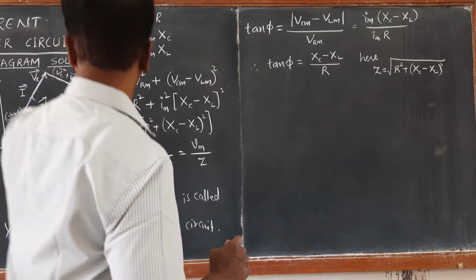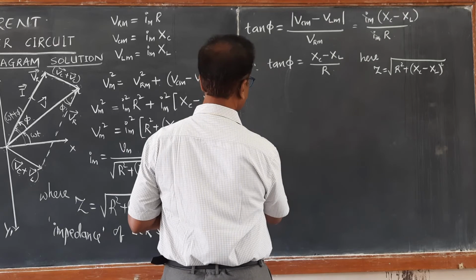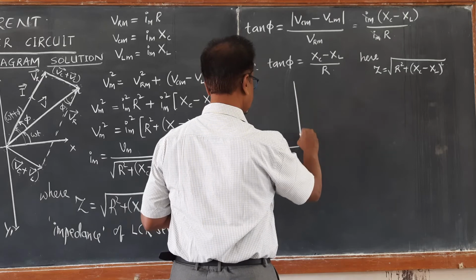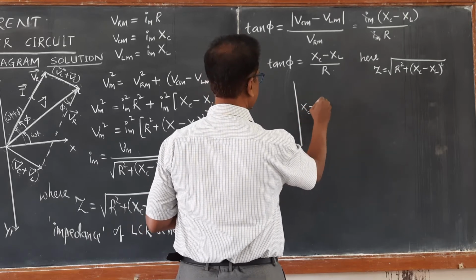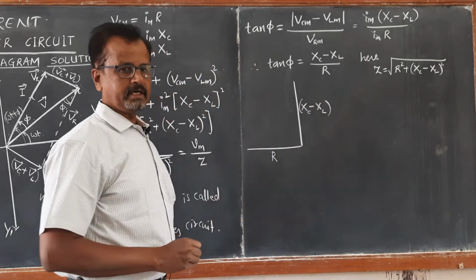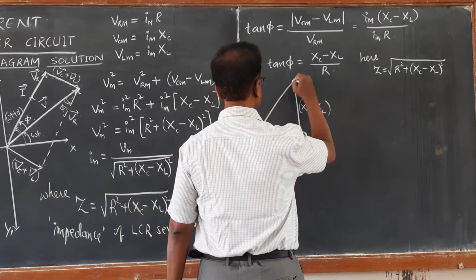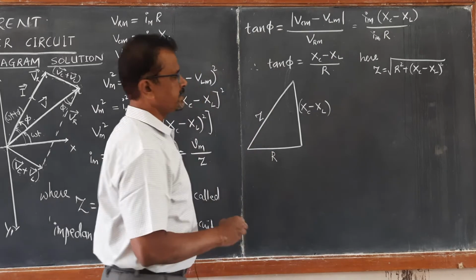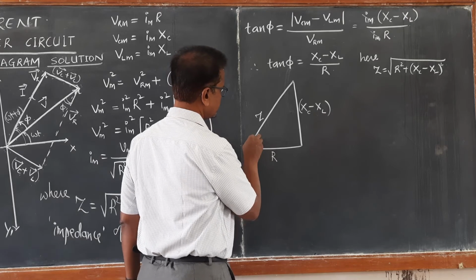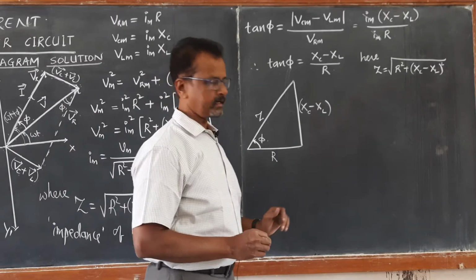Redrawing the same triangle and adjusting it in a convenient way, this is the opposite side, XC minus XL, and this is the adjacent side R, and this becomes the hypotenuse, which can be written as Z. This is called the impedance diagram, and the angle here is phi, the same angle.